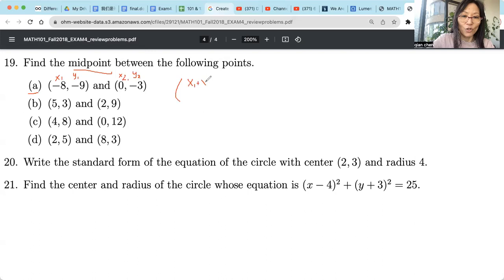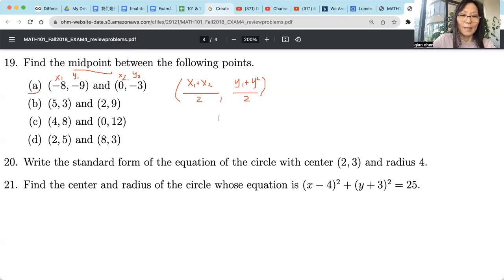Basically, the average value of those two. So that's going to be the x coordinate. The y coordinate is y1 plus y2, the average y value, divided by 2, of course. Okay, so this is how we find the middle point of any 2 points.